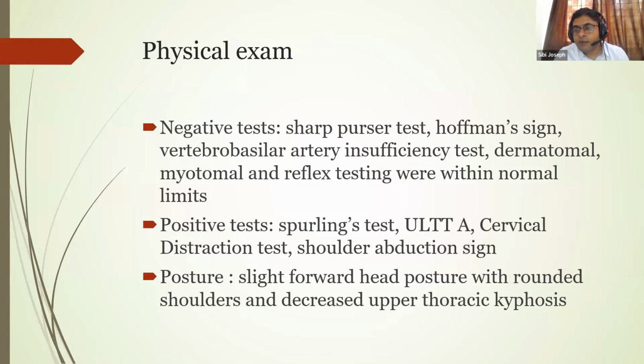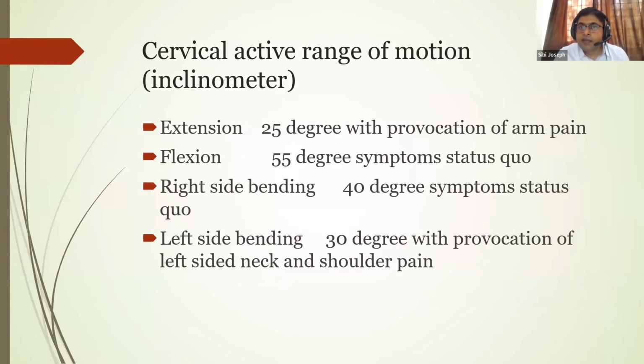Posture: slight forward head posture with rounded shoulders and decreased upper thoracic kyphosis. Cervical range of motion: extension 25 degrees, flexion 55 degrees, right side bending 40 degrees, left side bending 30 degrees.